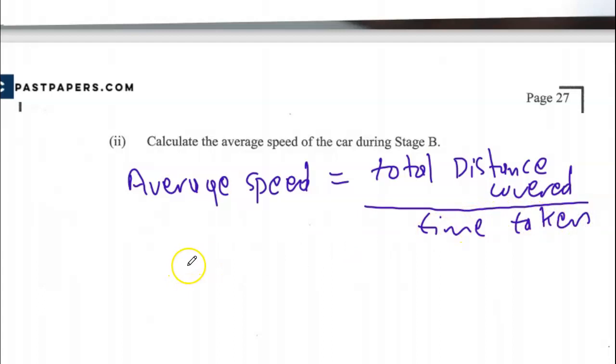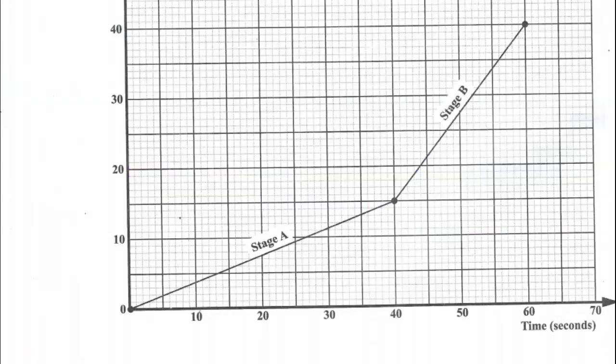Alright, let's find the average speed of the car during stage B. For a speed-time graph, the total distance covered is the area under the graph. So remember, we only want it for stage B. Stage B begins here.